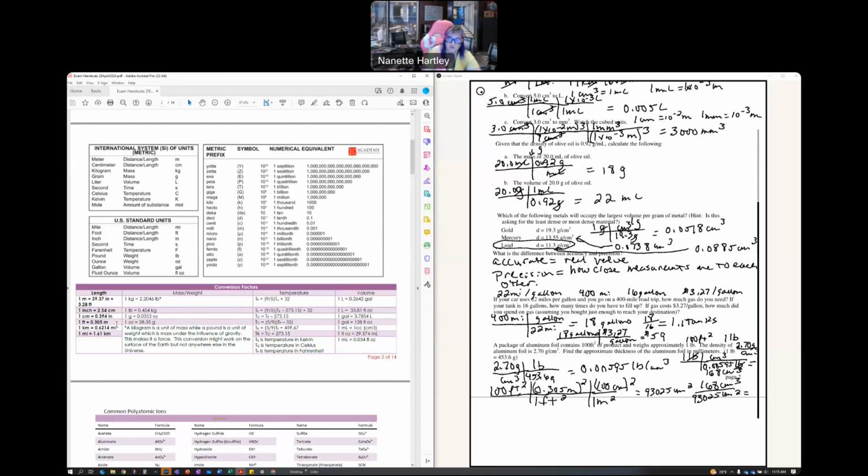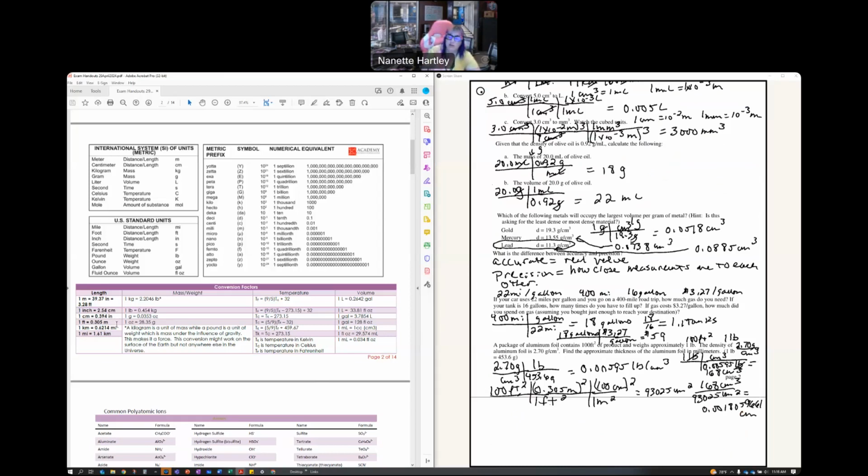So 168 divided by this number tells me that I have 0.0018059661 centimeters of that material.